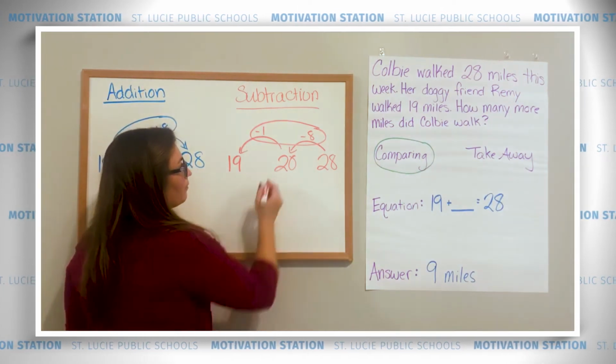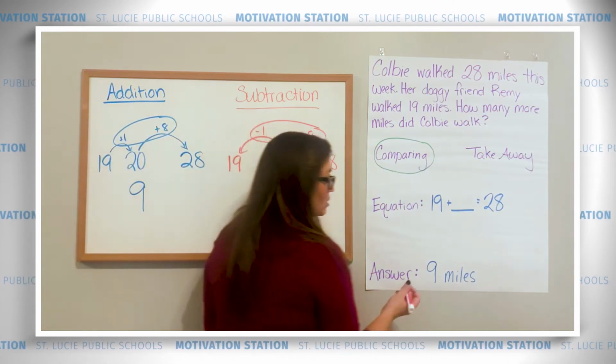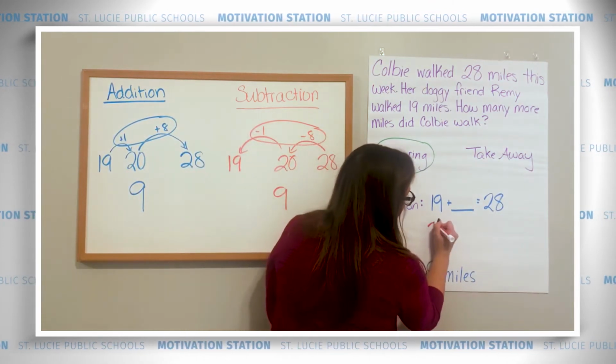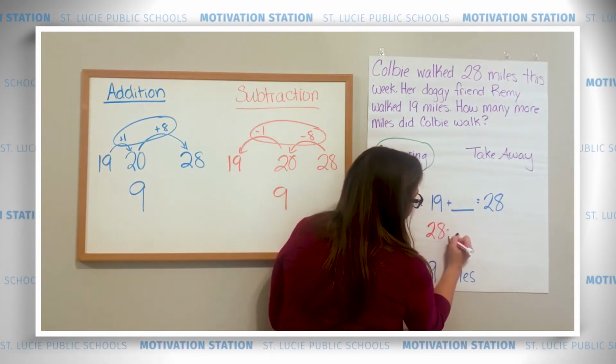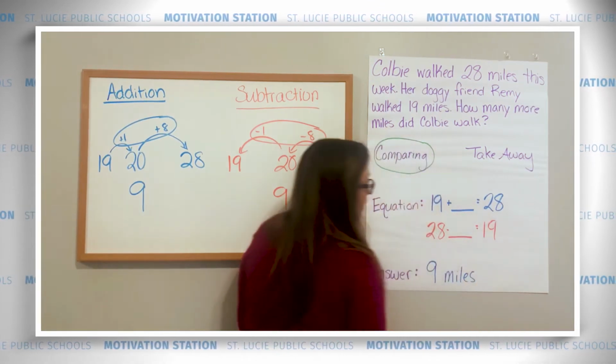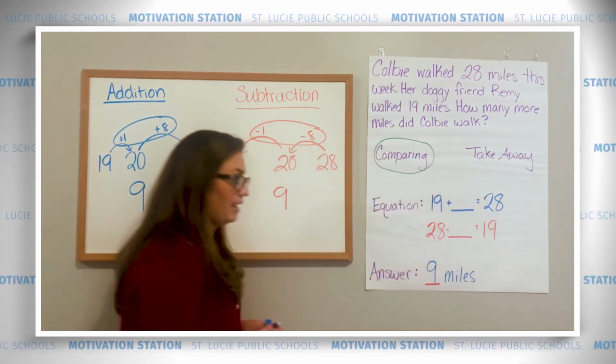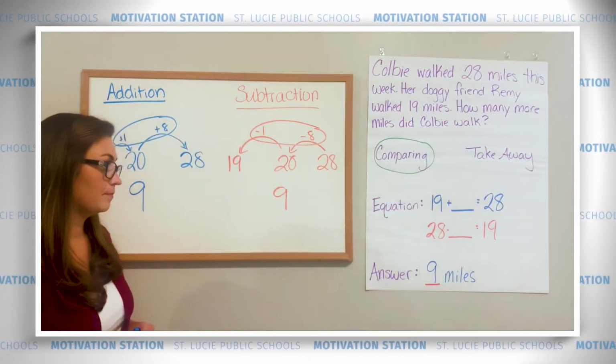Put them together, and my answer is 9 again. My equation is going to look different though. This time my equation is 28 minus what number equals 19, because I'm subtracting here. But my answer is the same, 9.